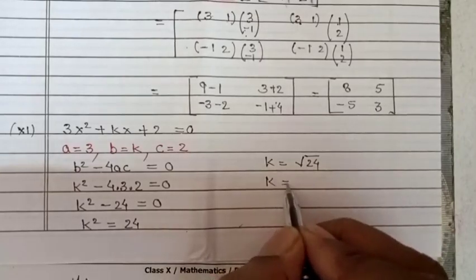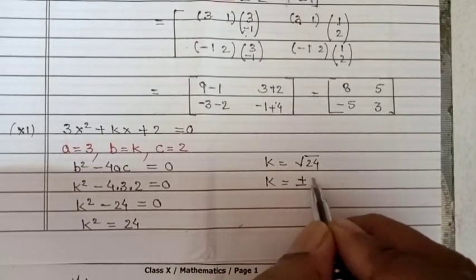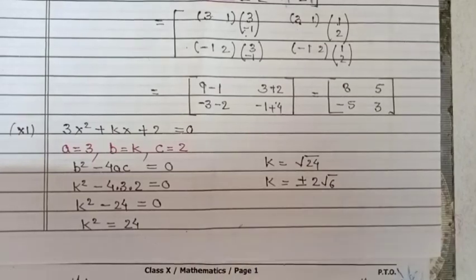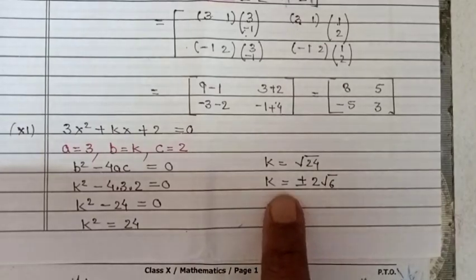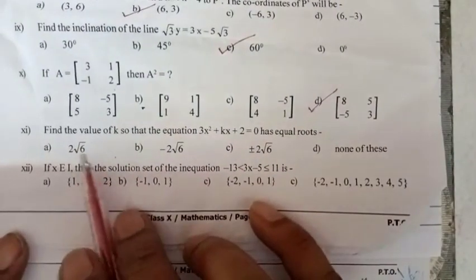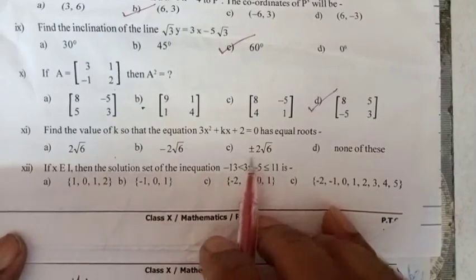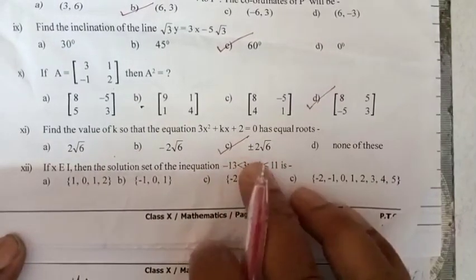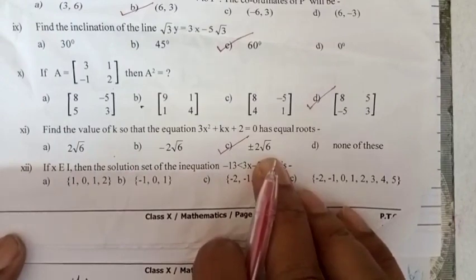So that will give you k is equal to plus minus 2 root 6. So your answer, k is equal to plus minus 2 root 6. So from these options we will go for this one, plus minus 2 root 6.